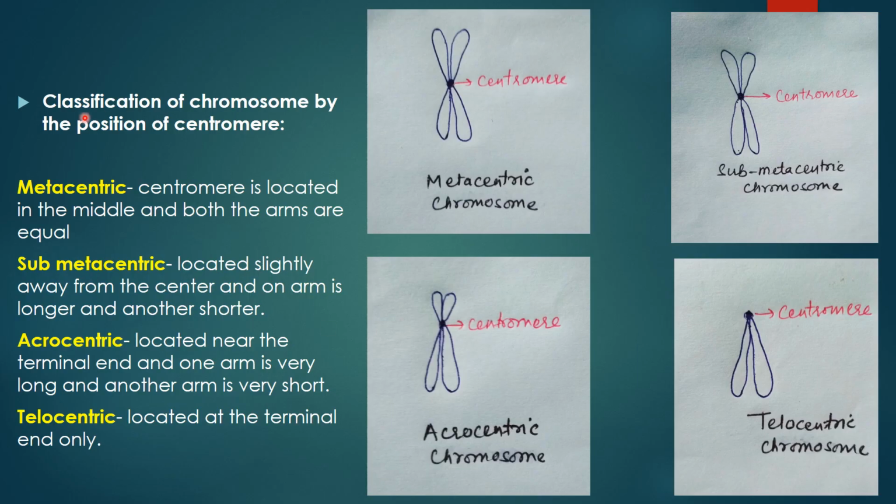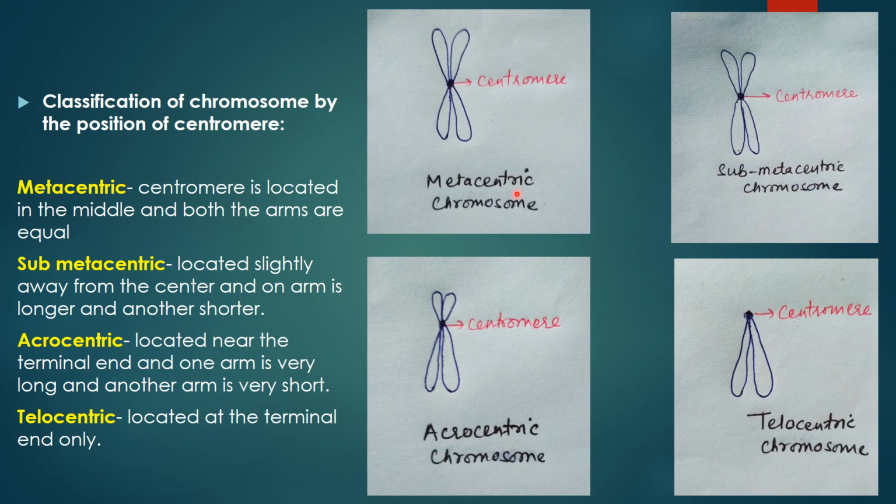Now let's see the position of the centromere and classify the chromosomes. So there can be four types of chromosomes we can classify: metacentric, submetacentric, acrocentric and telocentric.